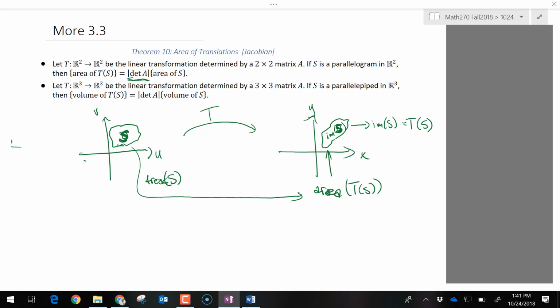A is a transformation matrix. So the T here has an associated matrix, a transformation matrix A, that's going to help compensate for that change.